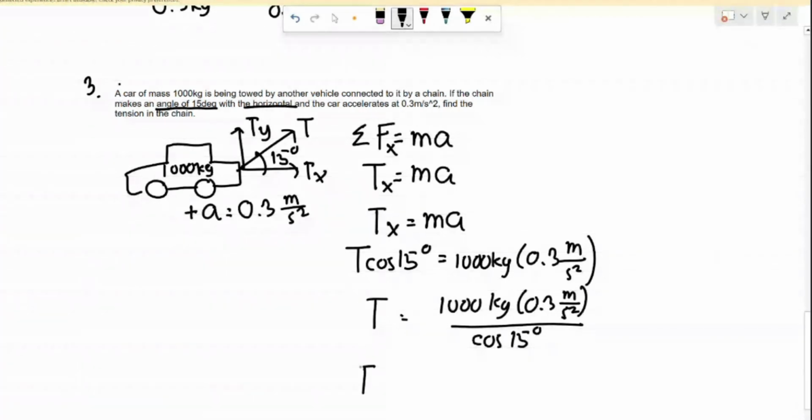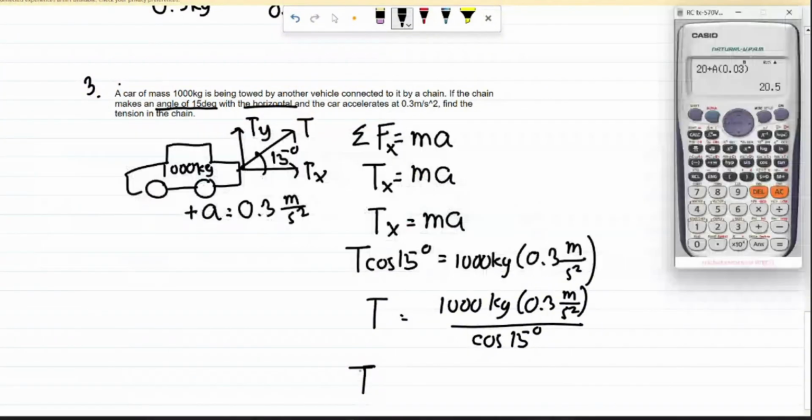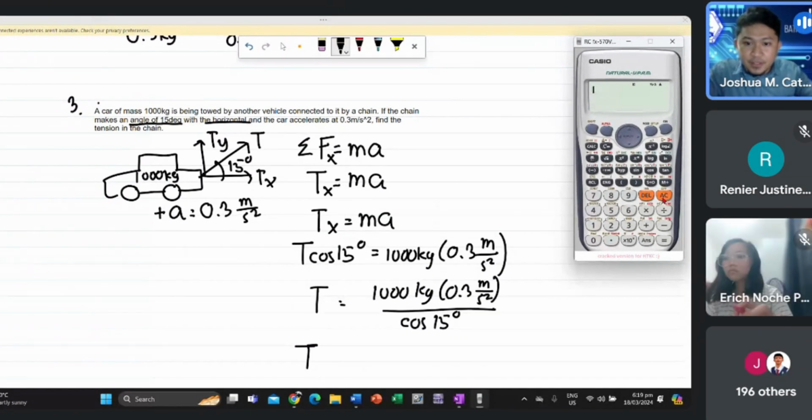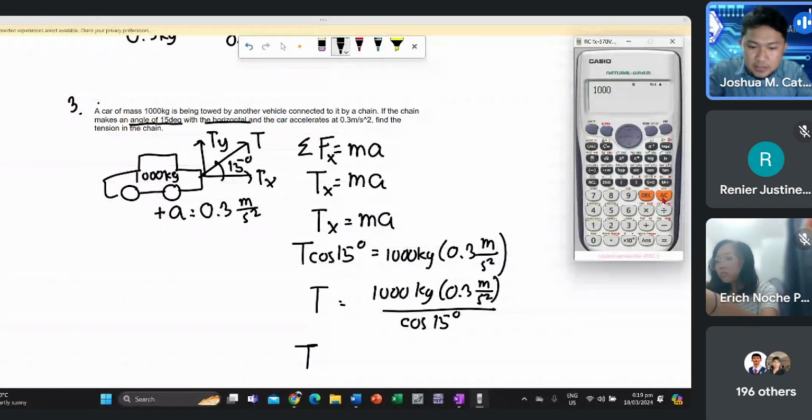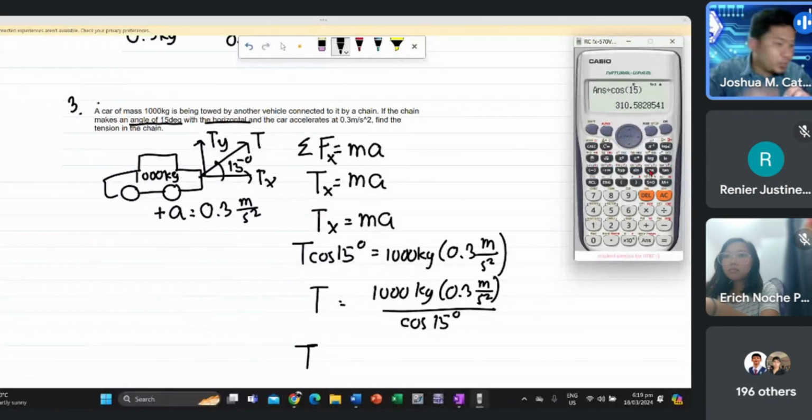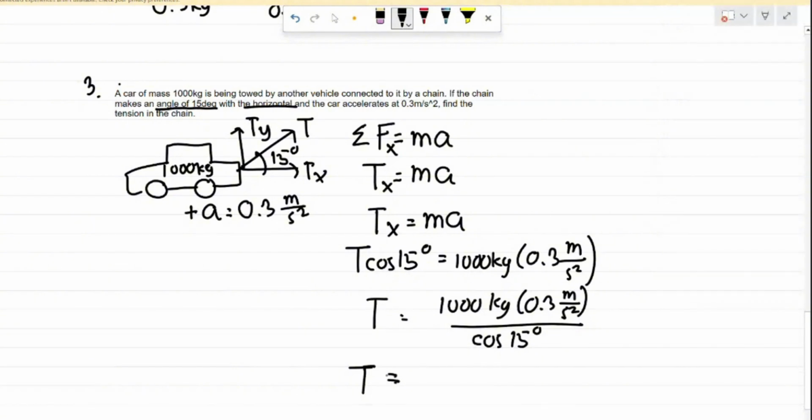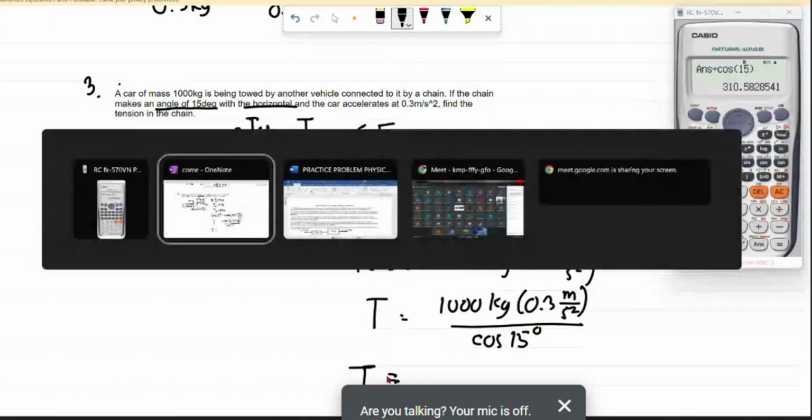Therefore, makikisuyo nga po ng ating sagot dito. We have here 1,000 times 0.3, then divided by cosine of 15. So we have here our tension, which is what? 310.5829.